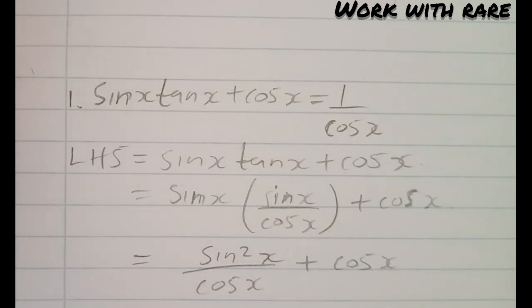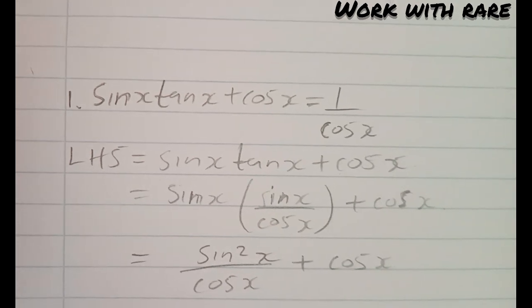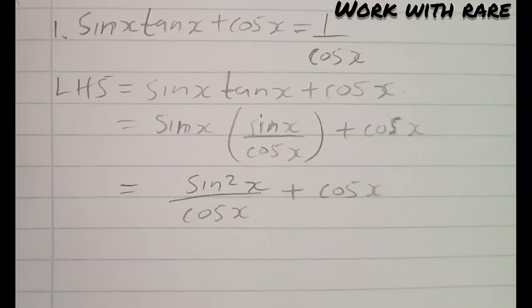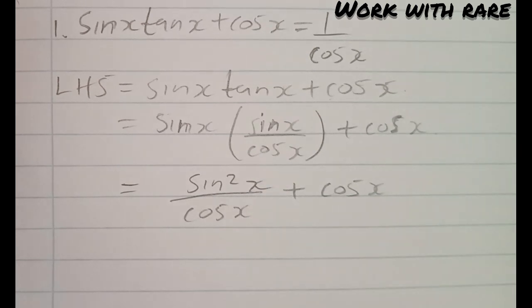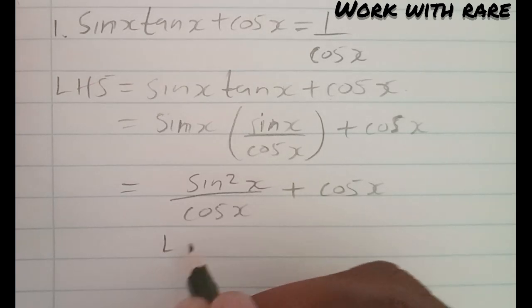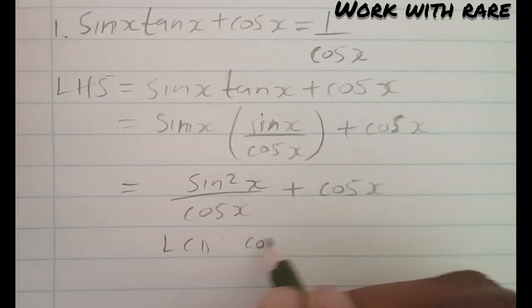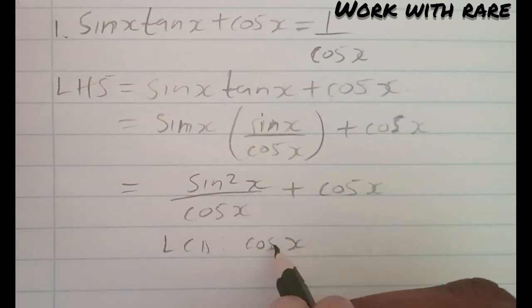Now we have LCD. Remember, LCD is lowest common denominator, but here we don't have numbers, we have trig ratios, like sine, cos, tan. So here our LCD is cos x.